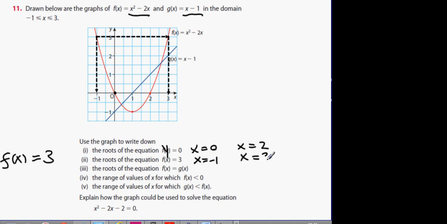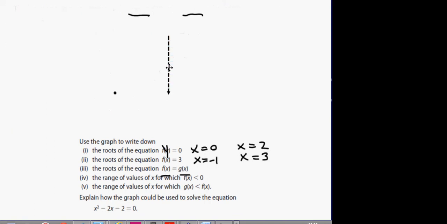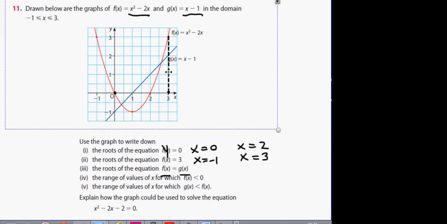Okay, what about the next one? What does this mean? In English, anybody? Where is the y value of the curve equal to the y value of the line? For what value of x?